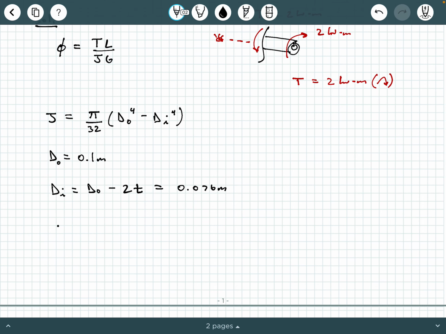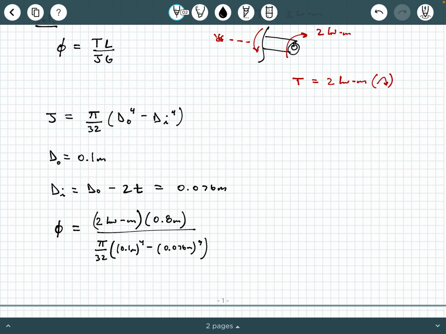Now we can substitute our values in, and we get phi equals 2 kilonewton meters multiplied by the length of the shaft, 0.8 meters, and then we divide by JG. Substituting J in there, we get pi over 32 multiplied by 0.1 meters to the fourth minus 0.076 meters to the fourth.